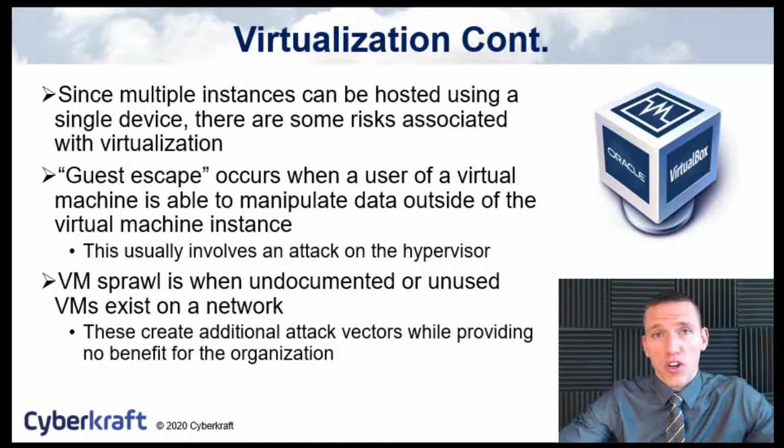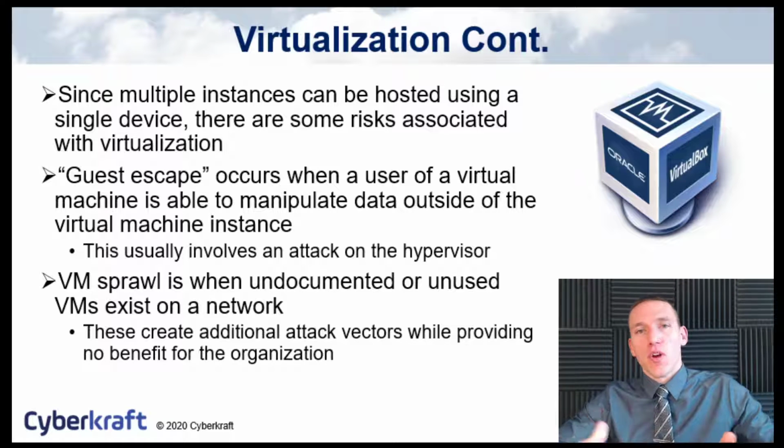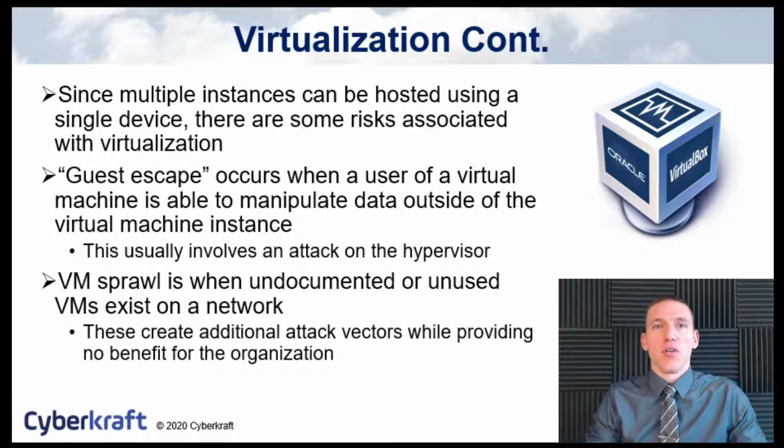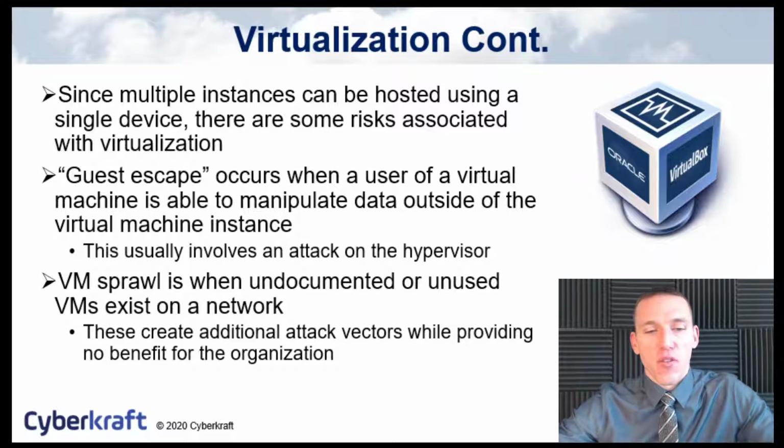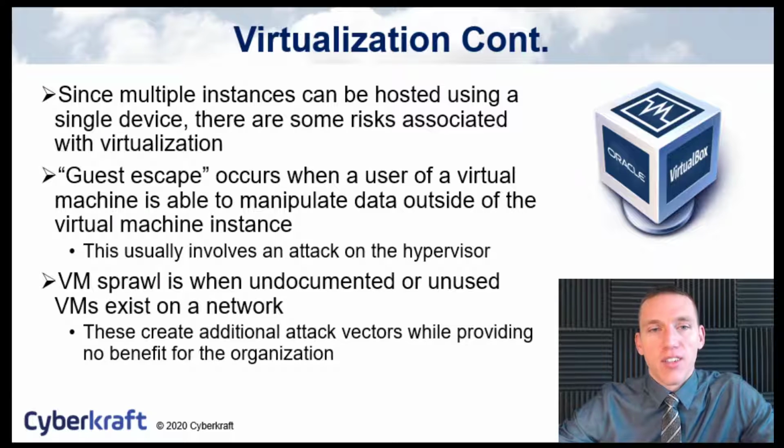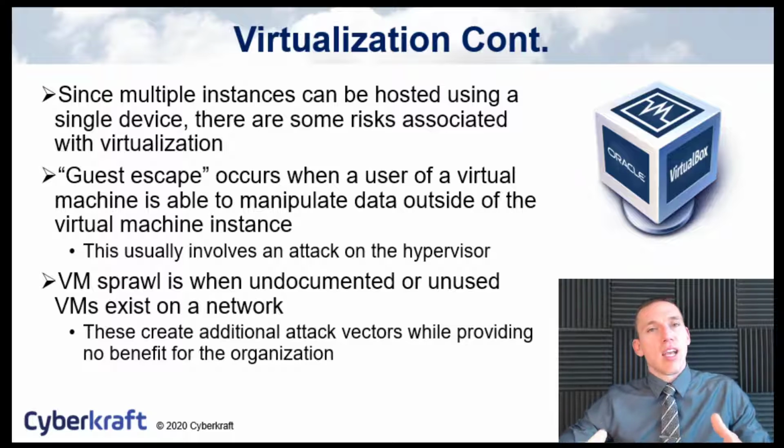VM sprawl can occur when you have multiple or unused VMs on a network. This is more of a concern for a private cloud, where an organization has created virtual machines for themselves, and they lose track of these virtual machines. They have virtual machines that are just eating up system resources, eating up storage space, but not actually being actively utilized.